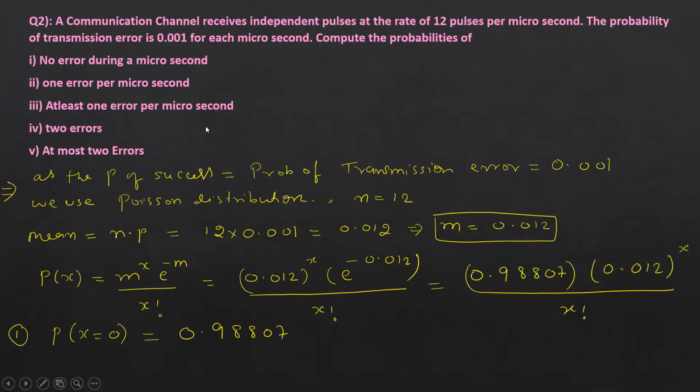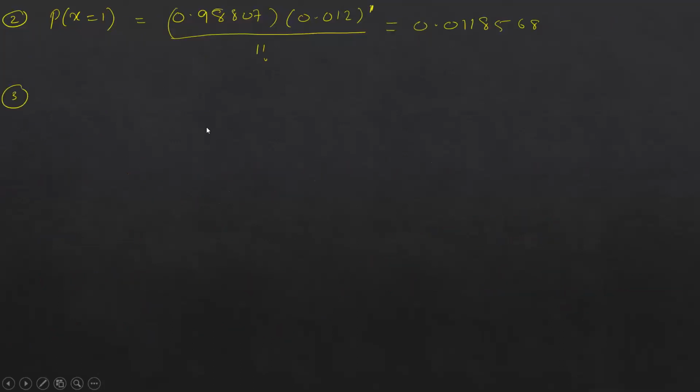At least one error per microsecond. At least one means what? Probability of x should be greater than or equal to 1. This is the meaning of at least one error. So greater than or equal to 1 means I have to start values from 1, 2, 3 and so on. We have to keep on going. So better than that, I can write this as 1 minus probability of x less than 1.